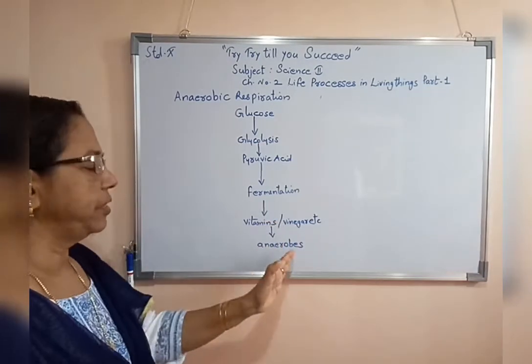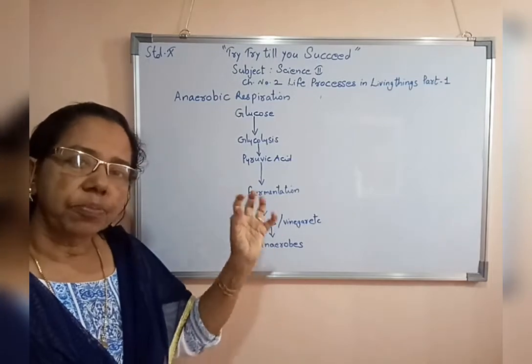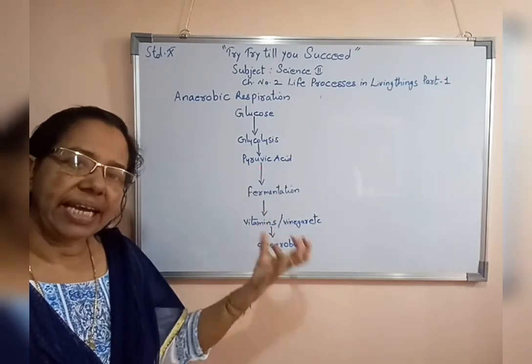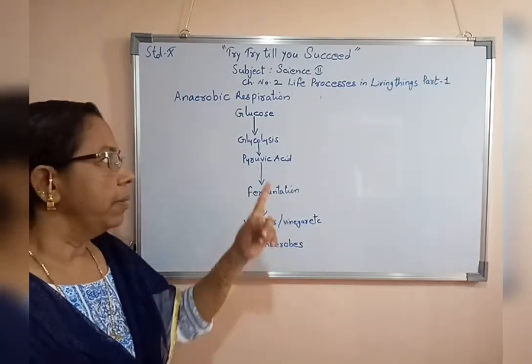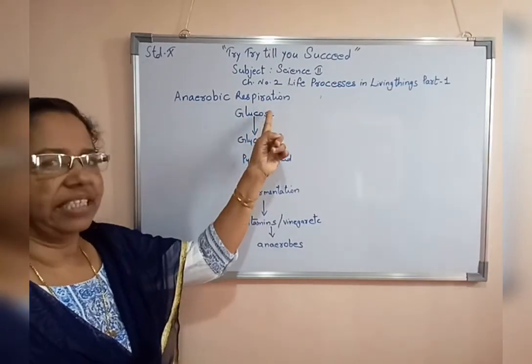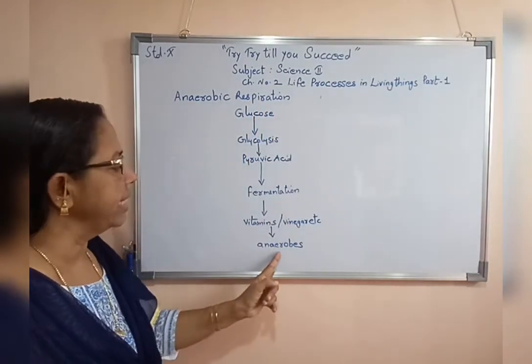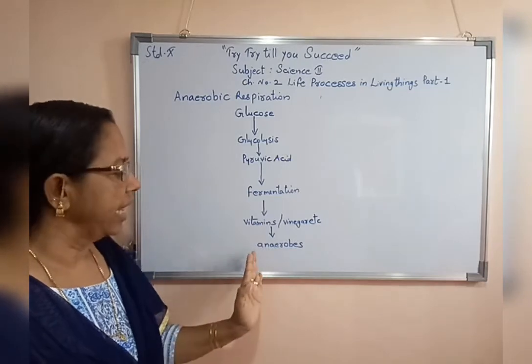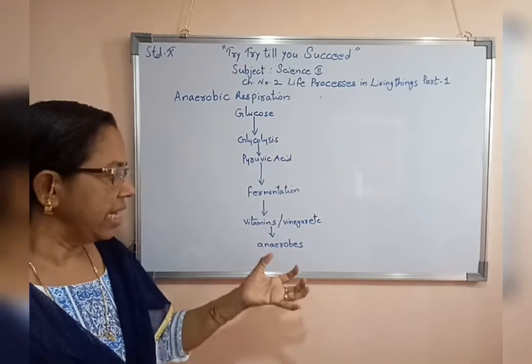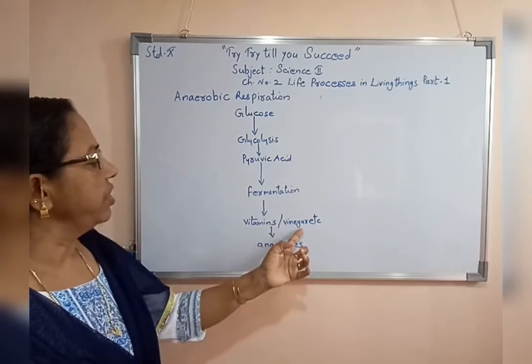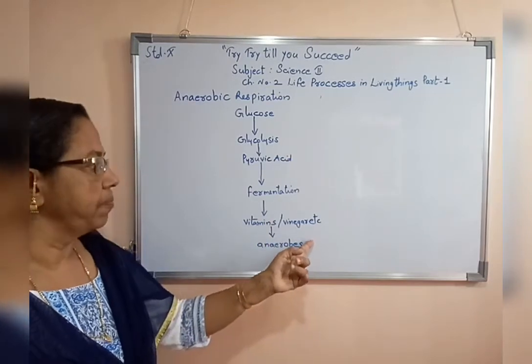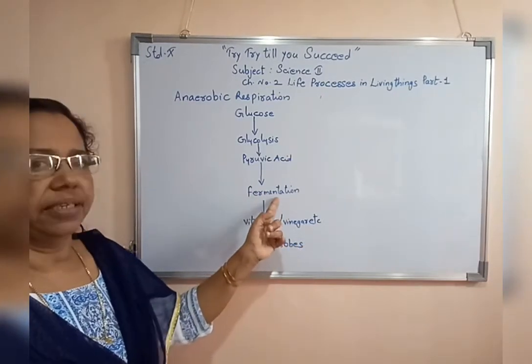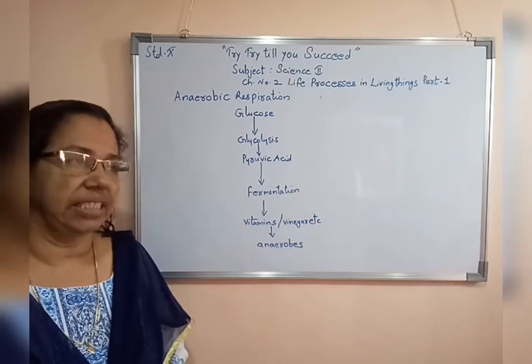That means microbes which produce or obtain energy by anaerobic respiration, those microbes we call anaerobes. They are microorganisms. They produce in their body vitamins as well as vinegar. By which process? Fermentation, in the absence of oxygen.